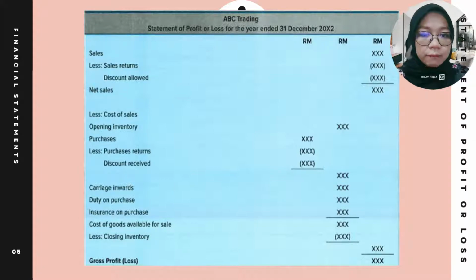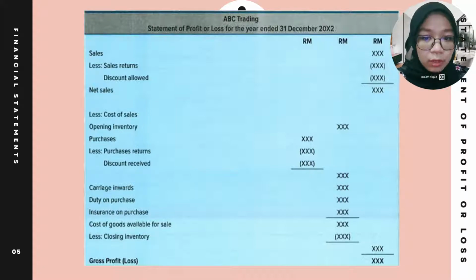And then this amount we should add with carriage inward, duty on purchase or any payment of duty, and then insurance on purchase or cost of goods.